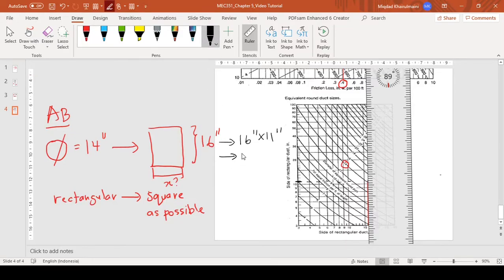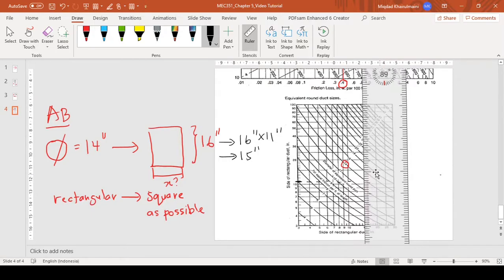We move it to 15. We cannot go more because the maximum is 16, so we will use less. If we were to use 15, we can get that the height here is approximately, let's say here, 15.